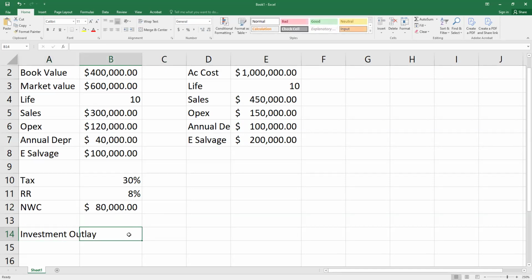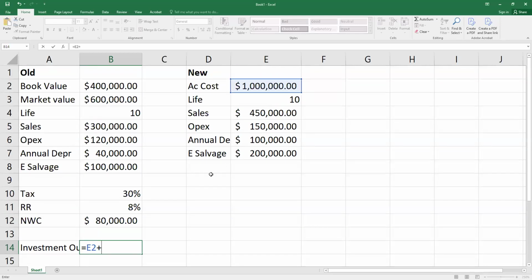We will be following the formulas, okay? How much money do we spend to buy the new equipment? 1 million, yeah? And 80,000, the net working capital. And we have something that we are selling, the old equipment. For how much will we be able to sell it? 600, yeah? We will subtract it, because this money comes into the company. It should be deducted because it's a cash inflow.